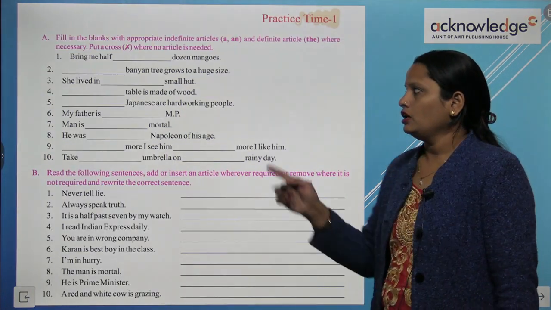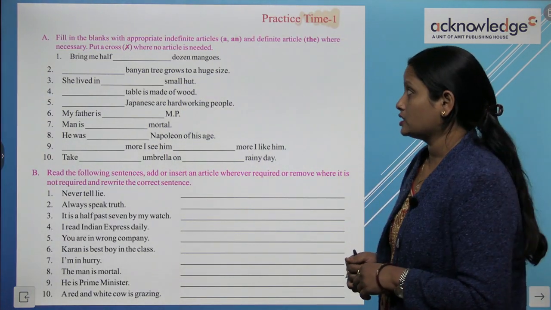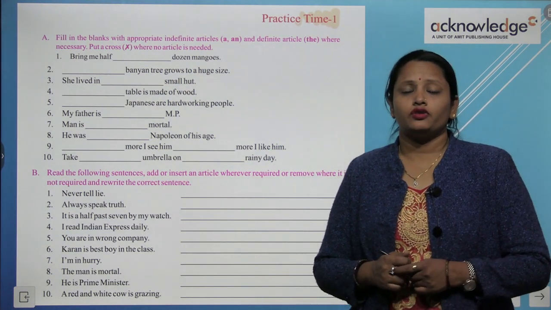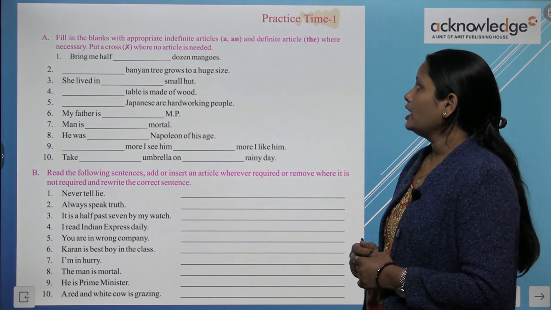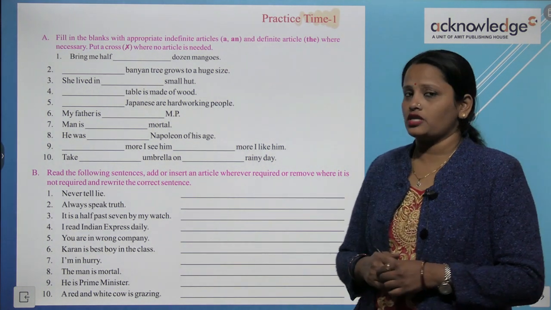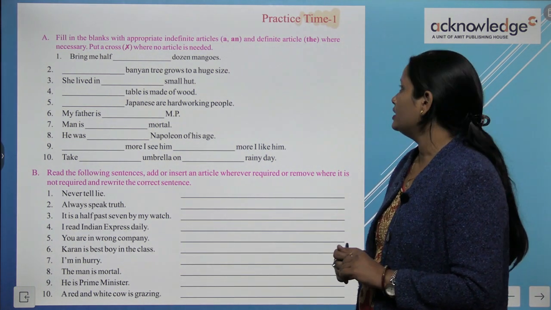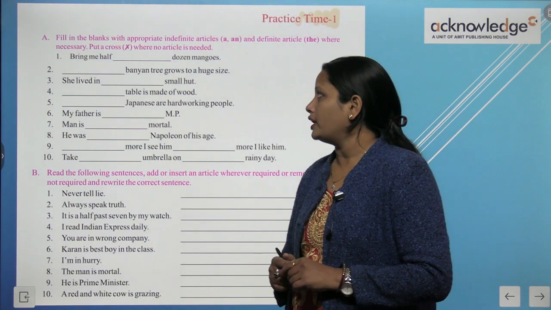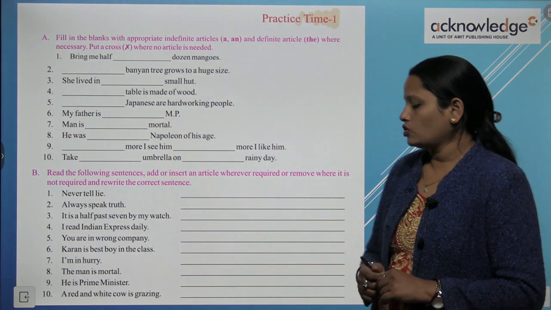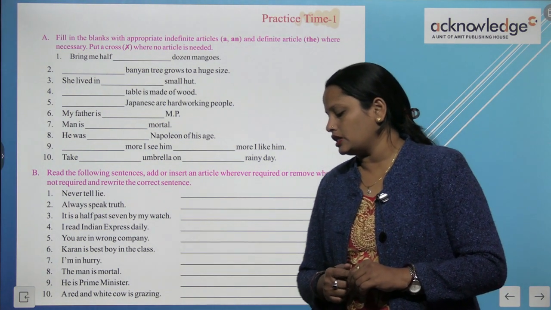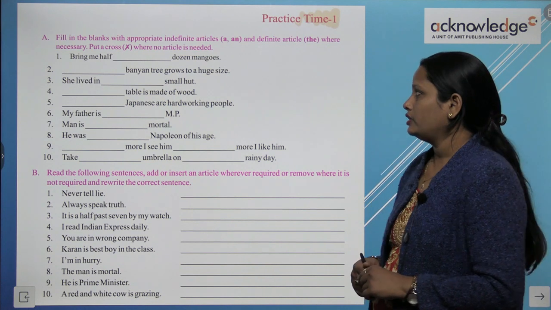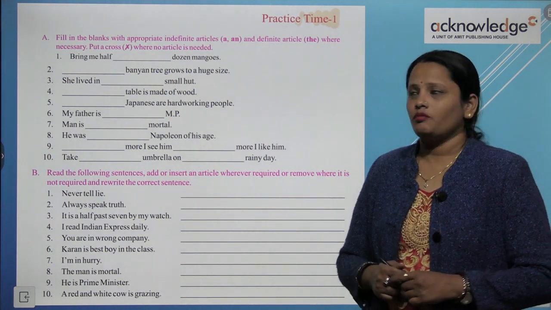Now, children, fill in the blanks with appropriate indefinite article. So indefinite article के साथ fill करना है and definite article, और जहाँ पे जरूरी है वहाँ definite भी हमें लगाना है. Wherever necessary. Put a cross where no article is needed. So cross लगाना है जहाँ पे किसी भी article की जरूरत नहीं है. Bring me half dash dozen mangoes.